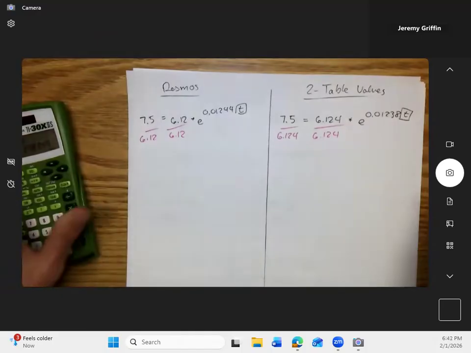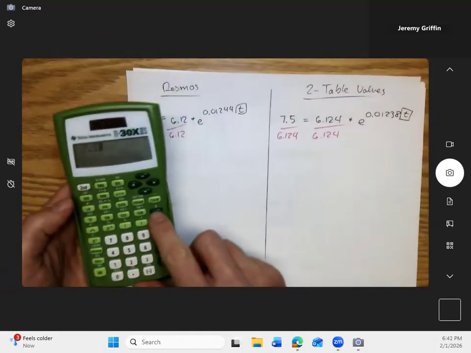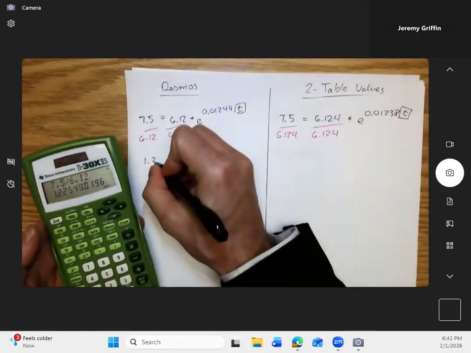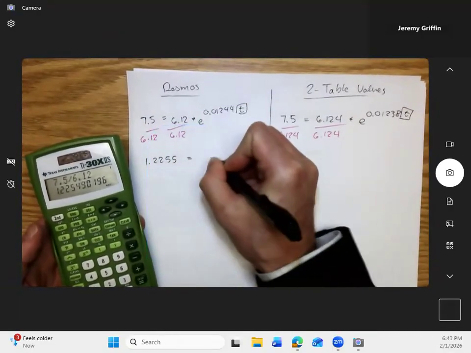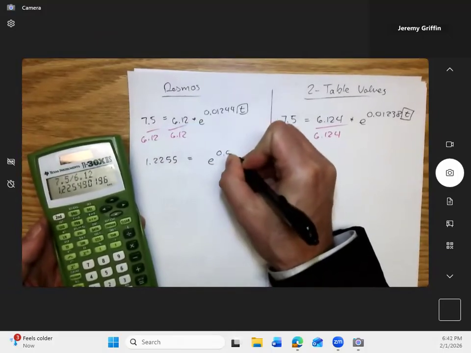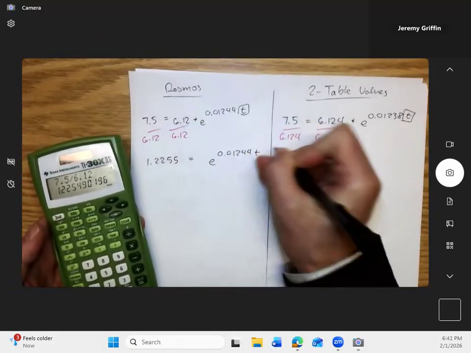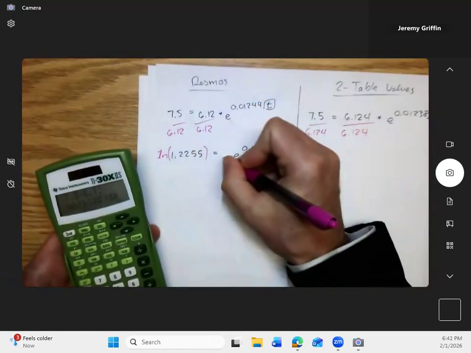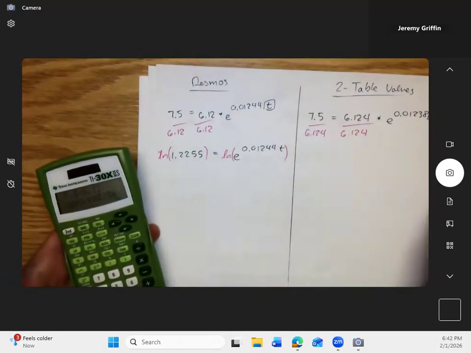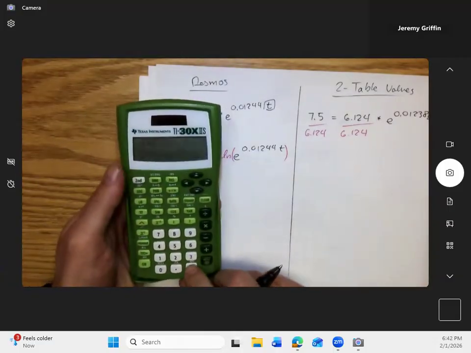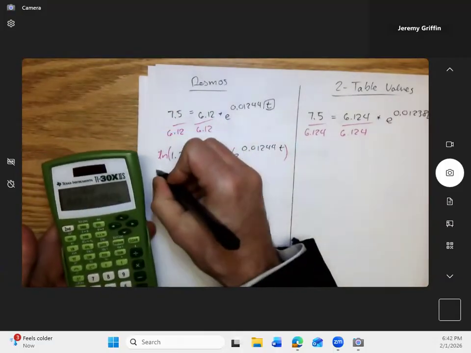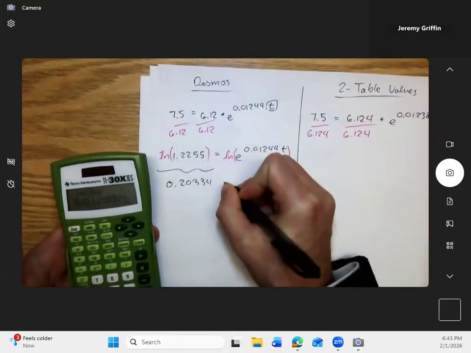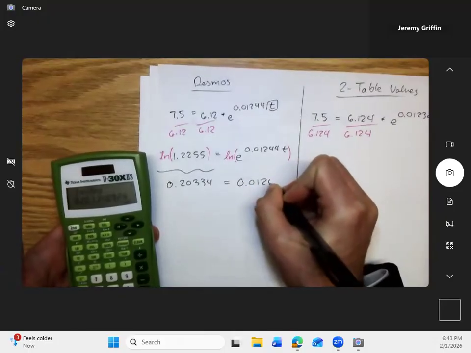7.5 over 6.12 is 1.2255 equals e to the 0.01244 t. Take the natural log of both sides. The natural log answer comes out to 0.20334 equals 0.01244 t.